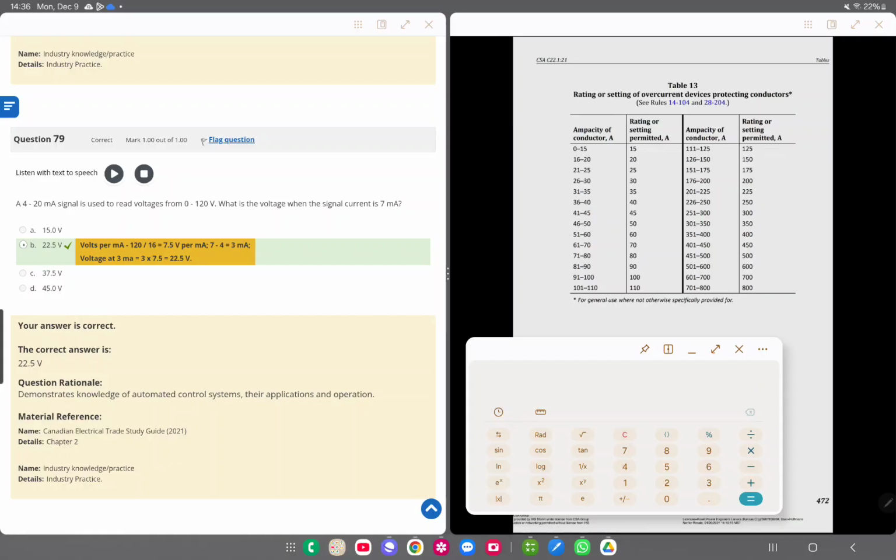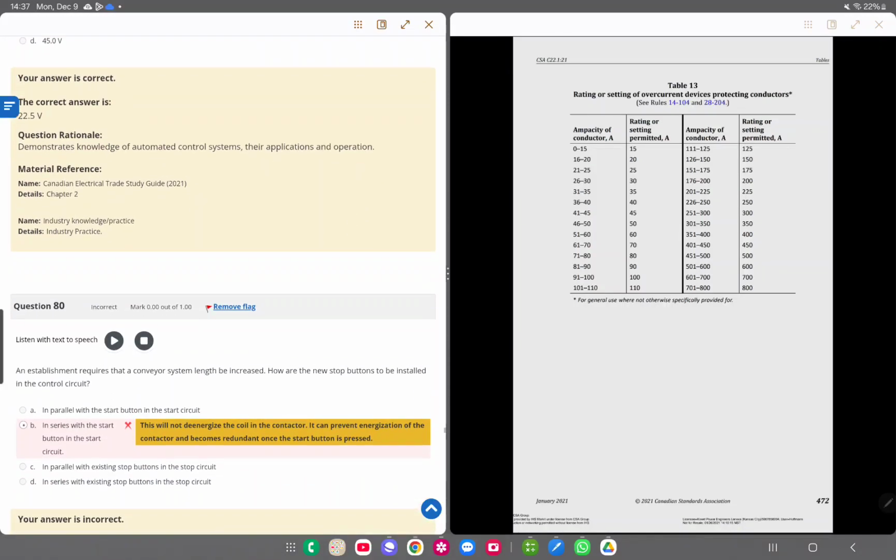Okay, sorry. 4 minus 7. Sorry, the answer is 3. 3 divided by 16. Okay, here we go. 0.1875, multiplied by 120. Okay, 22.5. So our answer is 22.5.